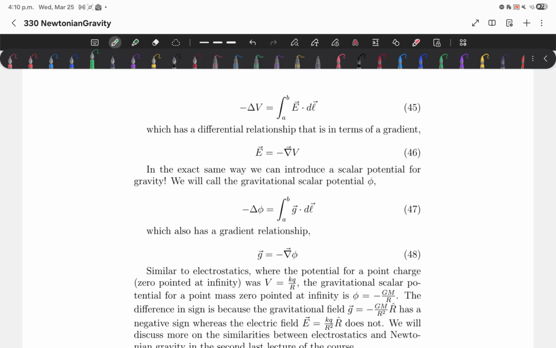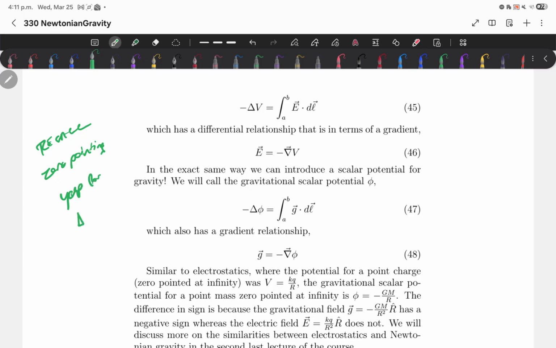Now let's look at gravity for some scalar potential phi. The negative change in the scalar potential is the integral of G dot dl. G is equal to the negative gradient of the scalar potential. So they're identical definitions. We can define a gravitational scalar potential in the exact same way we did for electrostatics. So these theories are virtually identical.